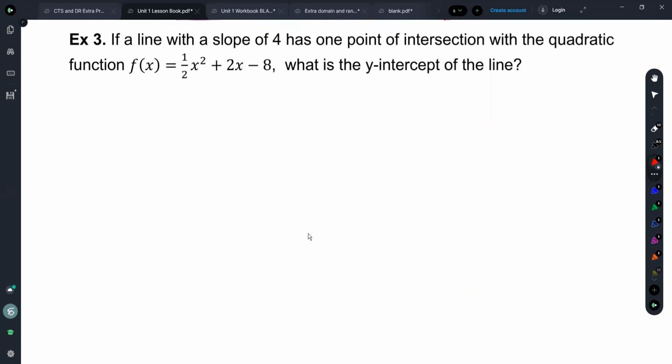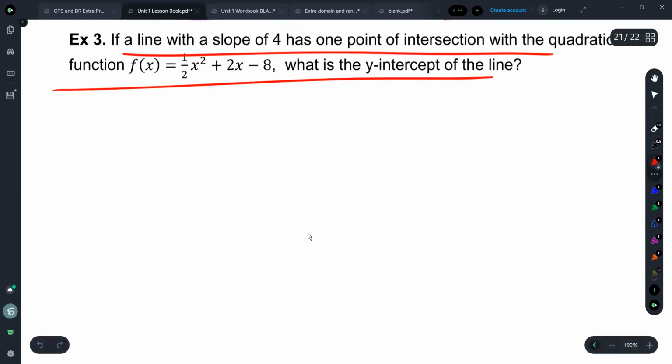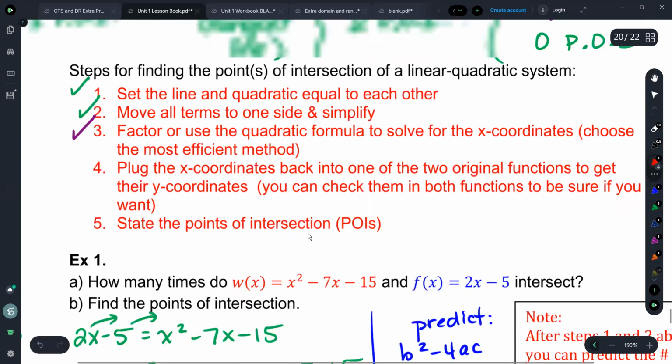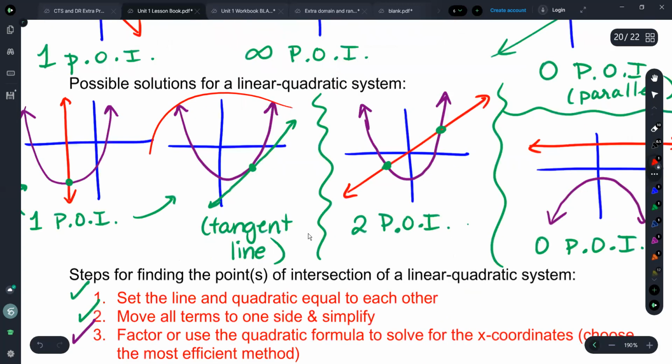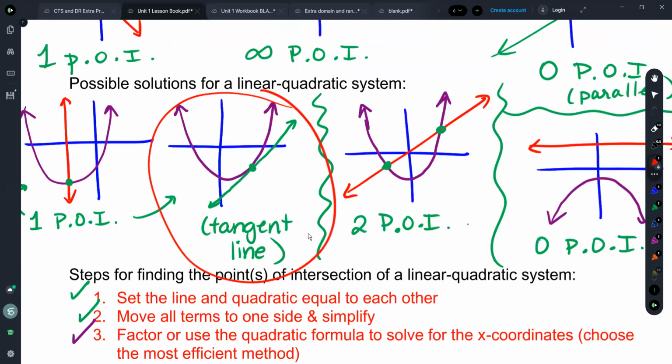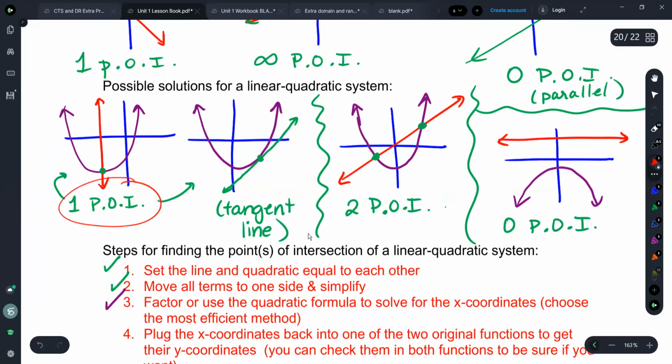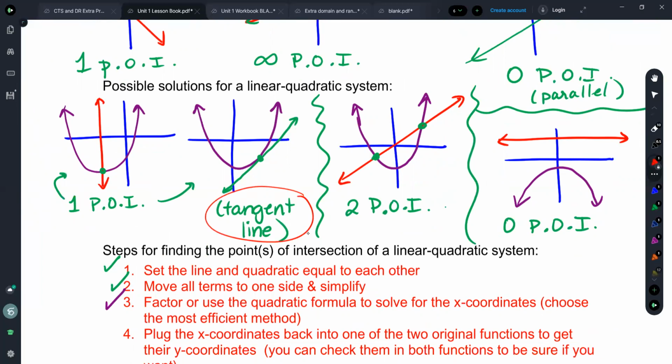Sometimes you will also see in these types of questions, instead of saying one point of intersection, it might tell you it's a tangent line. So if you see something that says tangent line, that's this scenario that we talked about here, where you have the line skimming the outside of your quadratic at one single point. So sometimes it will tell you it has one point of intersection, or sometimes it might use the word tangent line to indicate that that's one point of intersection.